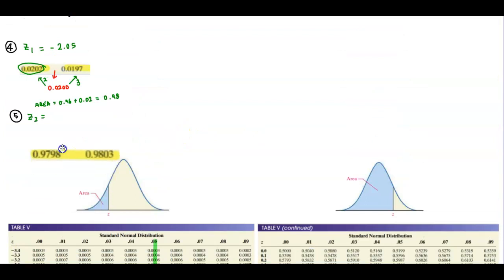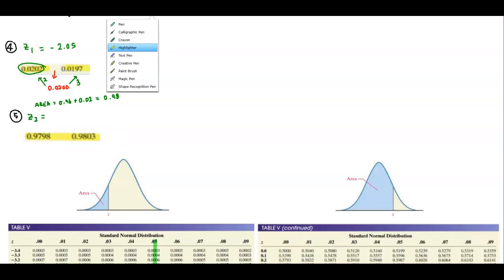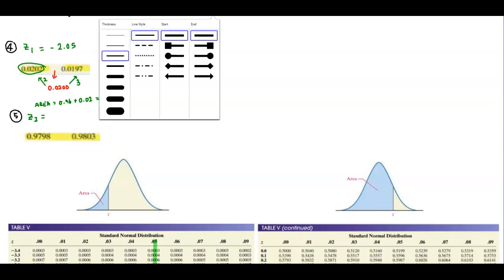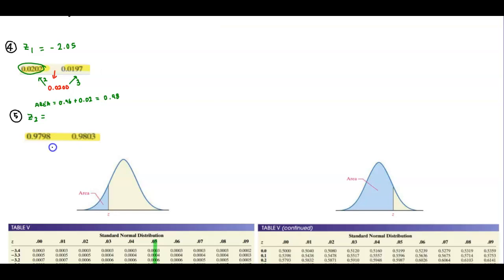So we know that we're looking for the area of 0.9800. We want to find which one it is closer to. If we subtract 0.9800 minus 0.9798, that's going to give us 2. And over here, if we find the difference, it's going to give us 3. So that means we need to use the area of 0.9798.